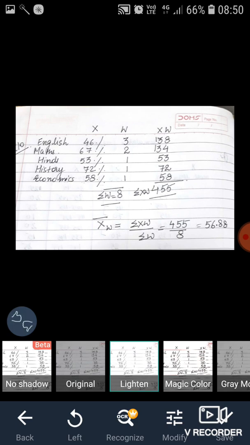Now I will create a column XW and multiply the weights with X. 3 into 46, 138; 2 into 67, 134, and so on. Then I will get summation XW and summation W, use the formula and get the answer.